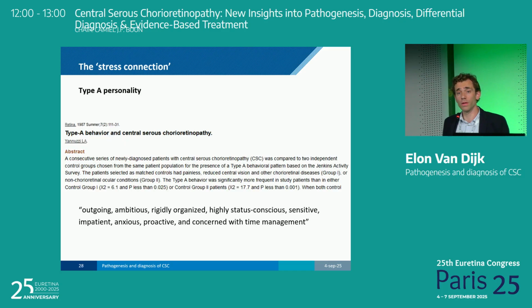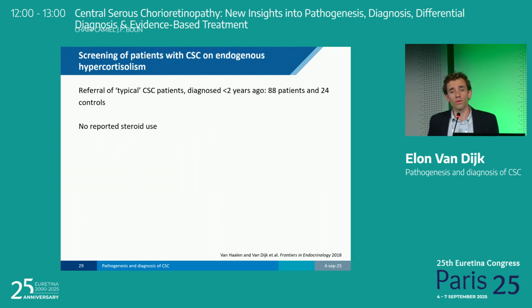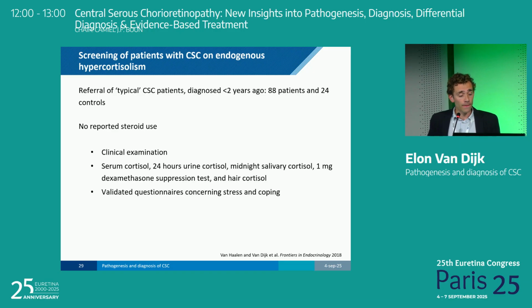Then there has always been a debate regarding stress and CSC. So already in 1987, the legend Lawrence Yannuzzi published about stress and ambitious people, outgoing people developing CSC. And we tried to systematically review patients with CSC in order to find out if there were any characteristics that could direct us towards Cushing syndrome, or let's say a strange way of coping with stress.